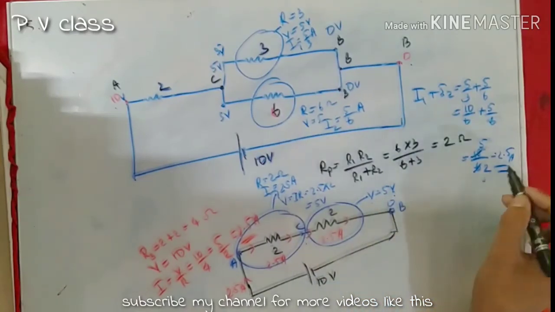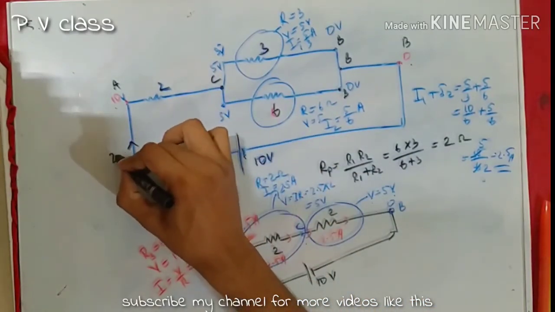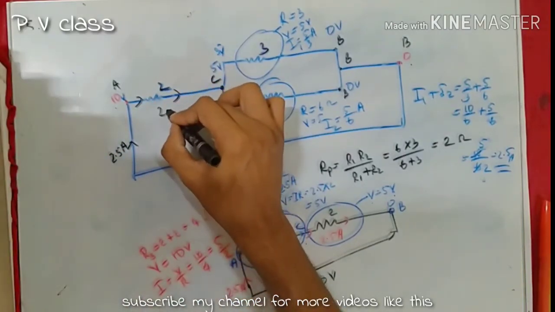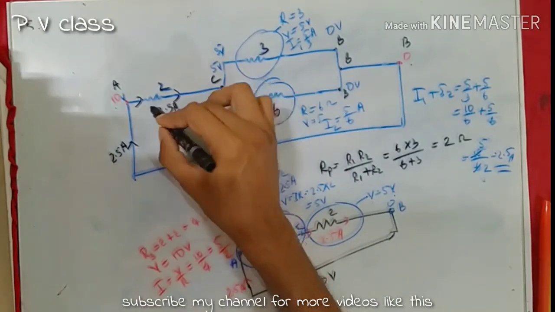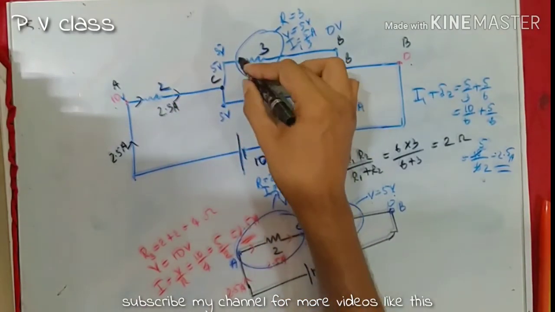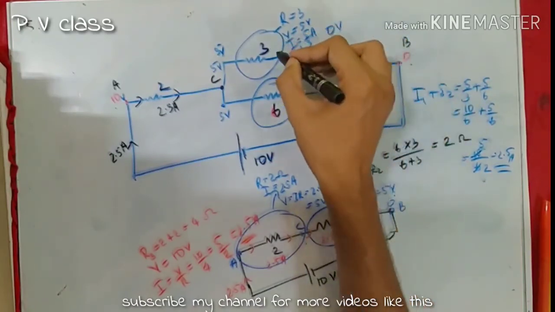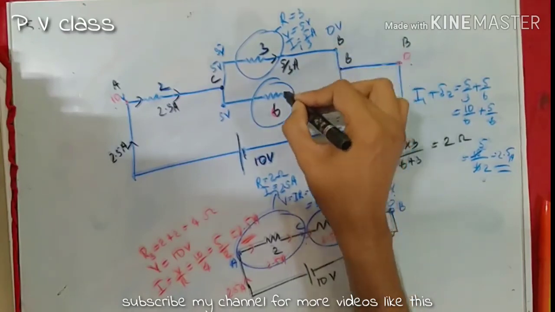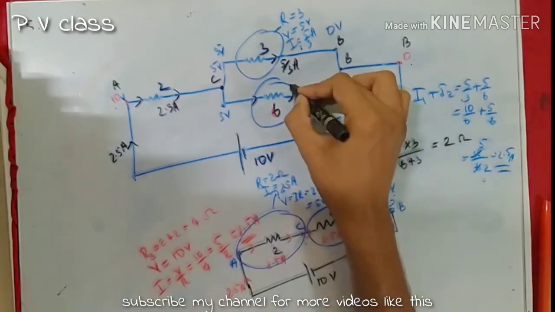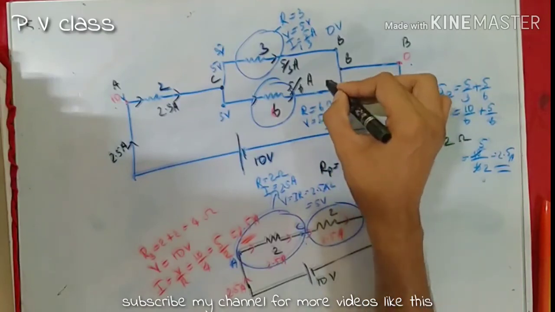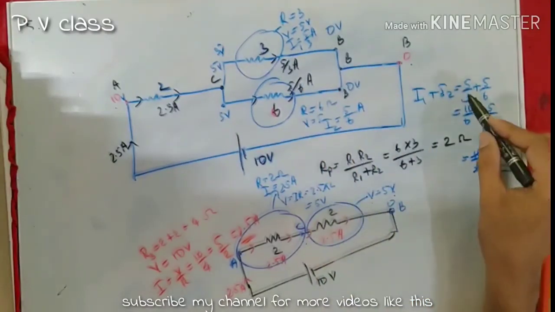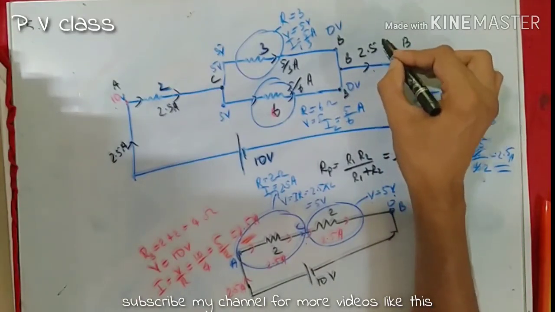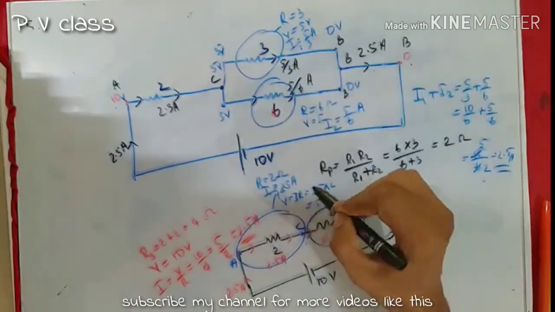As a result, the 2.5 ampere current was passing through this 2 ohm resistor, and this current branched into two currents, 5 by 3 ampere and 5 by 6 ampere. Then the sum of 5 by 3 plus 5 by 6 is 2.5. Therefore, it is then passing as 2.5 ampere and completing the circuit.